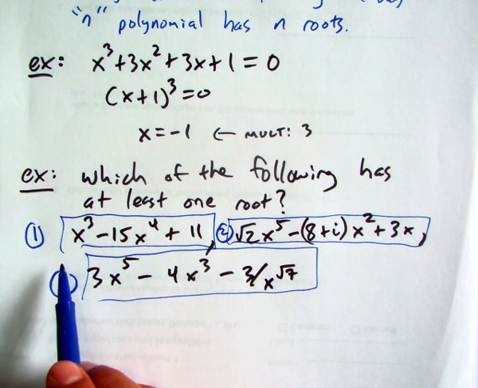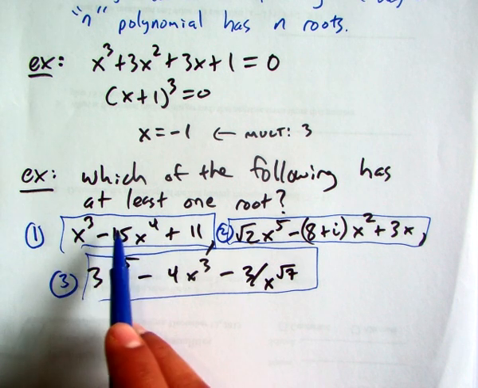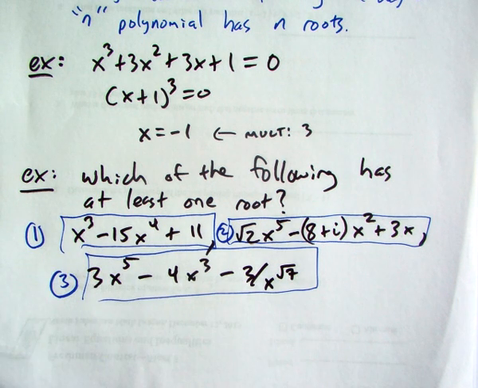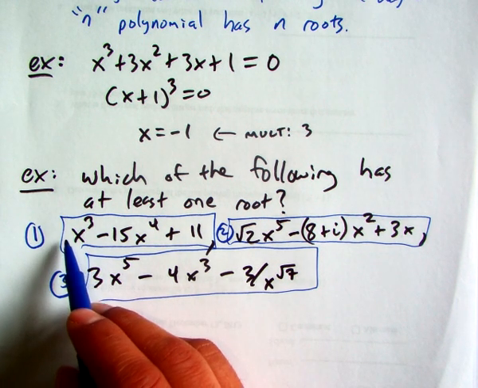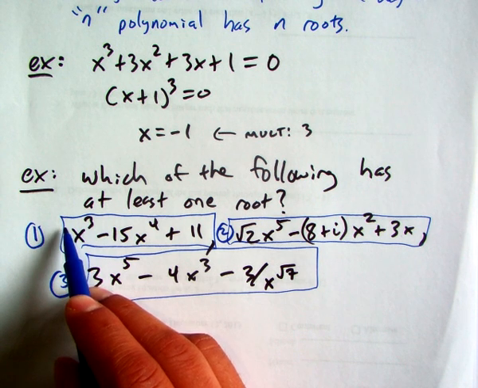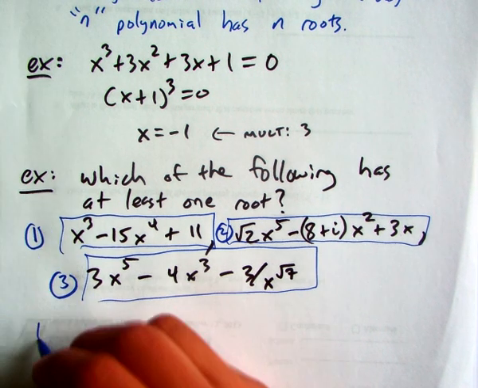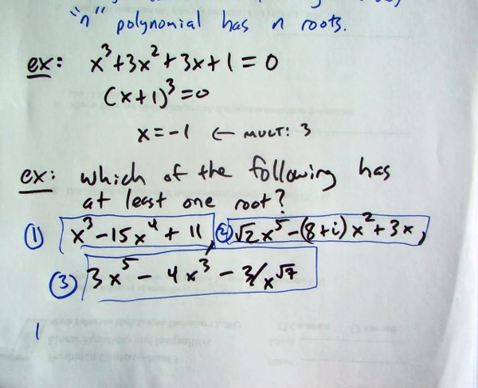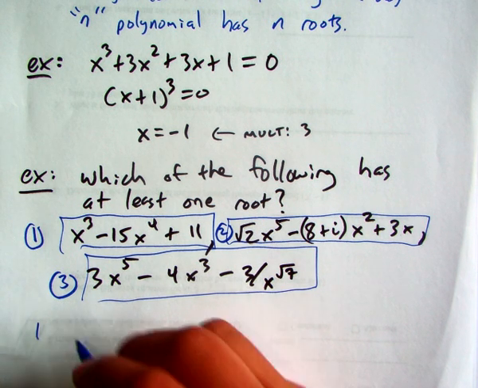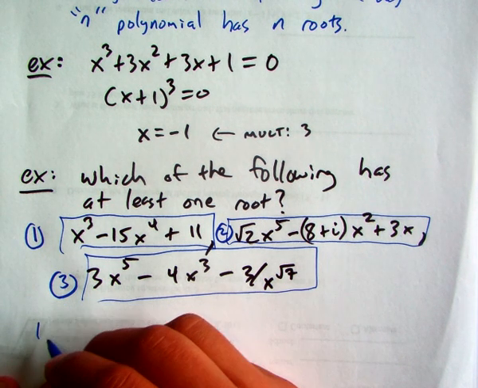So let's look at this first one. Do we have positive integer exponents? And do we have complex numbers as coefficients? So 1, and we just call that a polynomial. So we're going to say 1 does, because it's a polynomial.